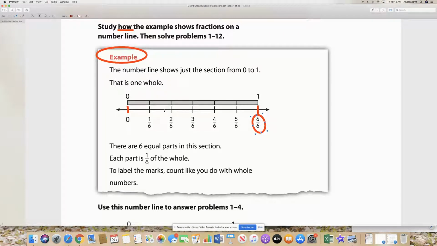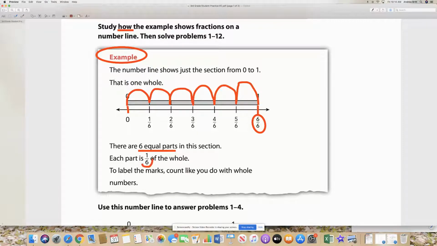So in this case, there are 6 spaces. So the 1 whole is 6/6. There are 6 equal parts in this section. Let's make sure. 1 equal part, 2 equal parts, 3 equal parts, 4 equal parts, 5 equal parts, and 6 equal parts. Yes, there are 6 equal parts in this section.